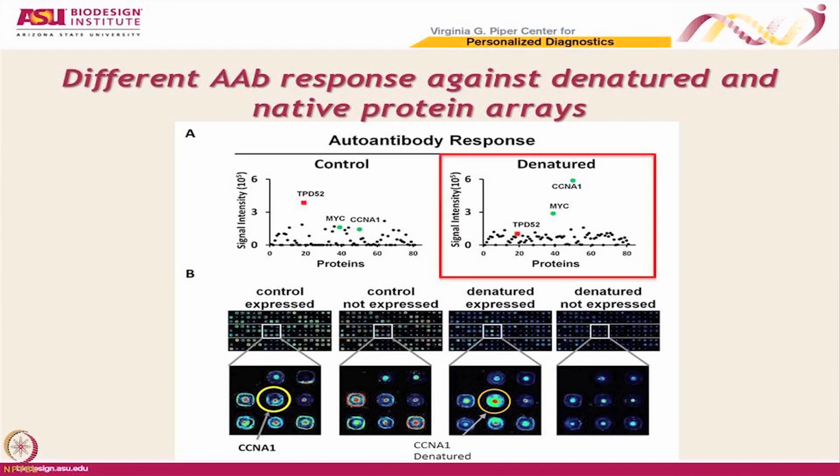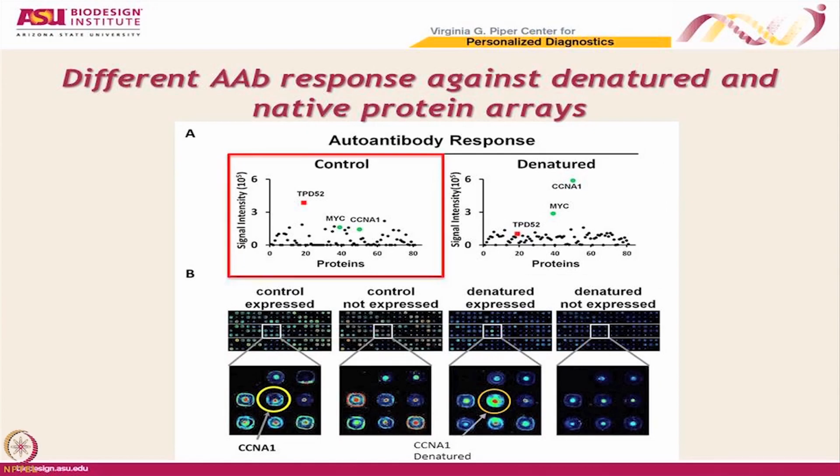Here you see the denatured protein, and then here you see the under standard conditions. And here you can see that this antibody here specifically detects under standard conditions, whereas these two antibodies only detect cyclin A and MYC under denatured conditions.